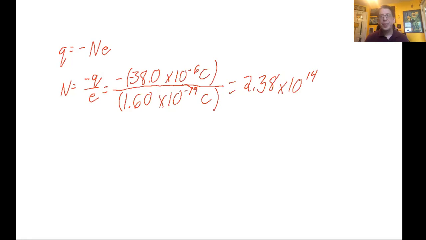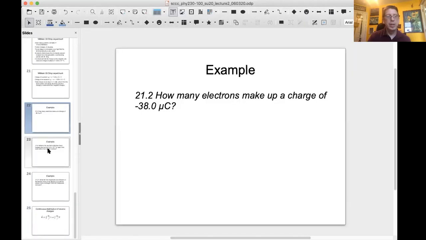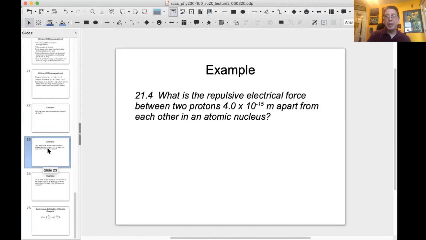Okay, so that's one example. Here's a second example. What is the repulsive electrical force between two protons 4.0 times 10 to the negative 15 meters apart from each other in an atomic nucleus? So protons are stacked together in the nucleus.